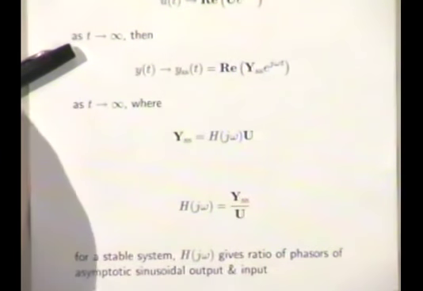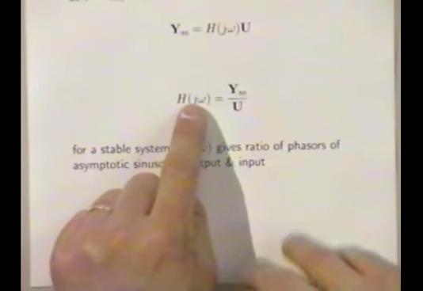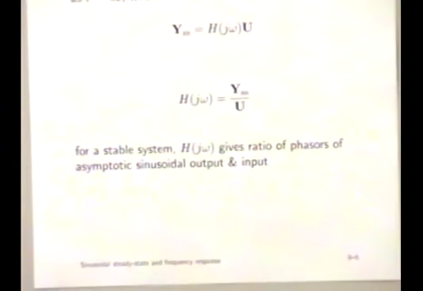So now you have another interpretation of the frequency response. The frequency response is the ratio of the phasor of the asymptotic sinusoidal output to the phasor of the asymptotic sinusoidal input, right?